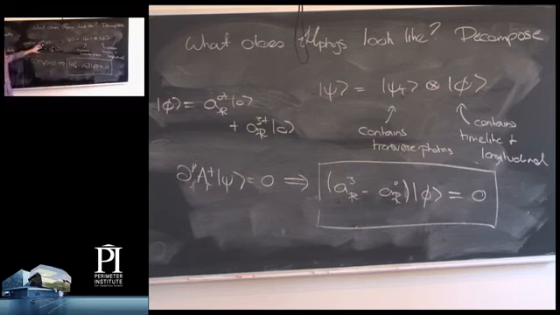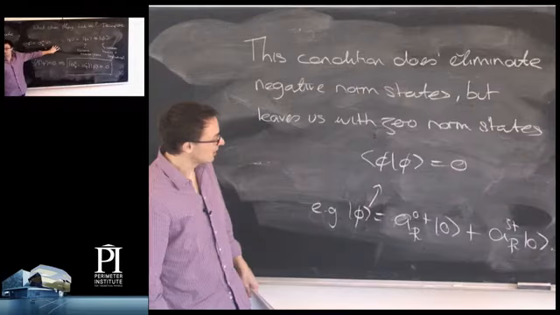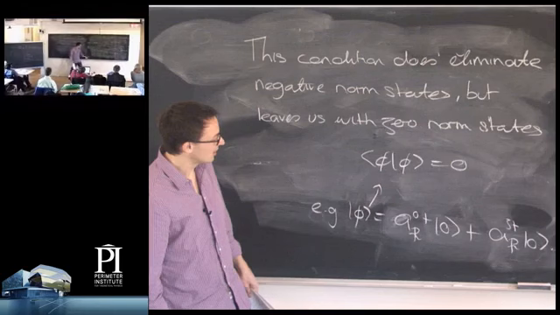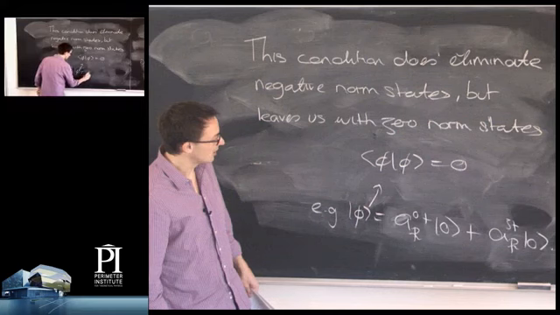And if you figure out the overlap of this state, these have zero overlap with each other. This guy has norm -1, and this guy has norm +1. So the total thing has norm 0. Let me write that down. The state is AP0 dagger plus A3 dagger P on the vacuum. So there's an example of such a state.